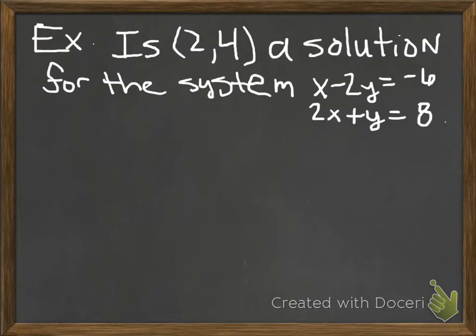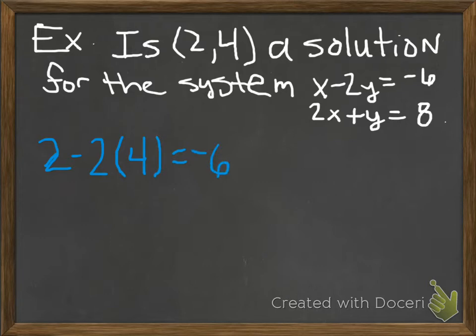For example, in this one, is the point (2, 4) a solution for the system x minus 2y equals negative 6 and 2x plus y equals 8? Well, if we plug the 2 and the 4 into the system, the first equation would be 2 minus 2 times 4, and does that equal negative 6?